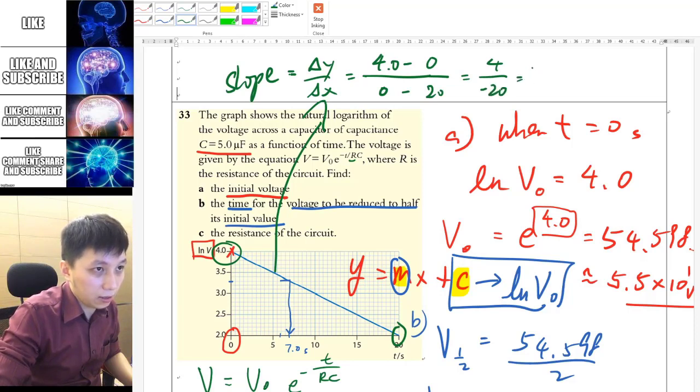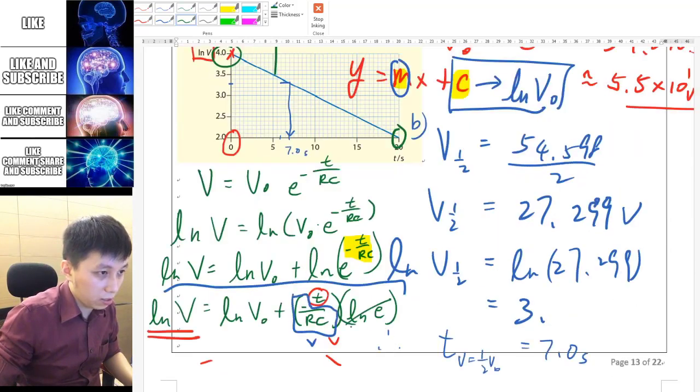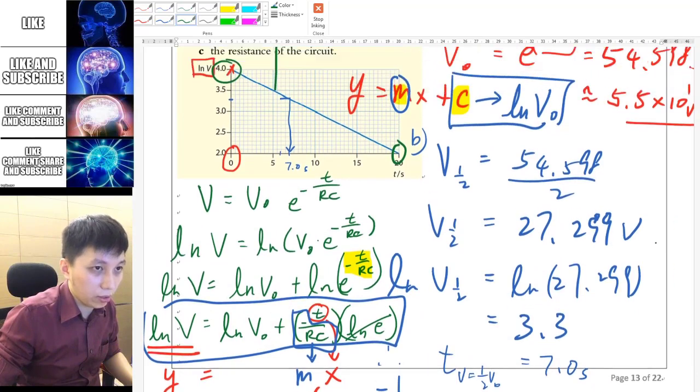That is negative 1 over 5, and you can simply connect that with minus 1 over RC, right? That is what we deduced earlier.